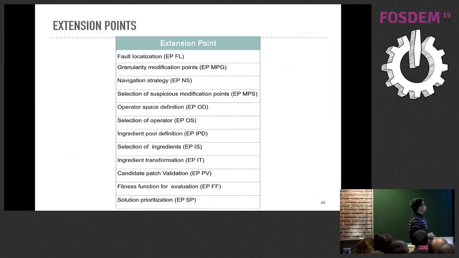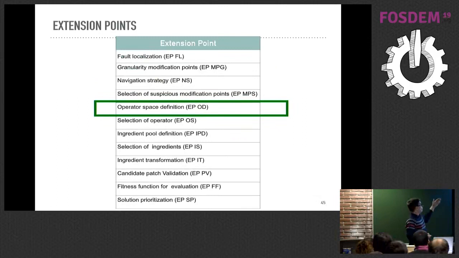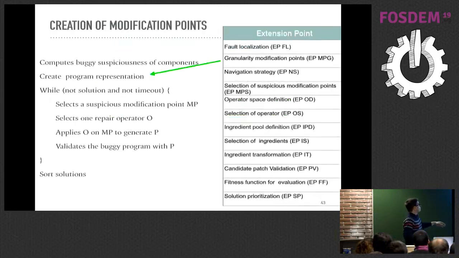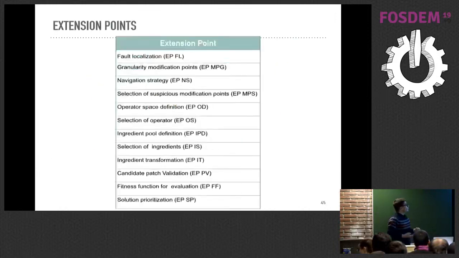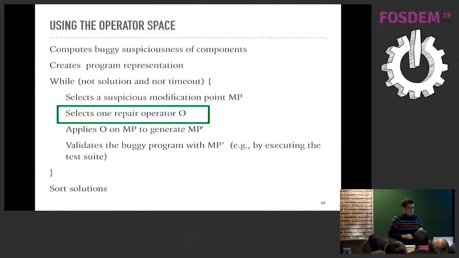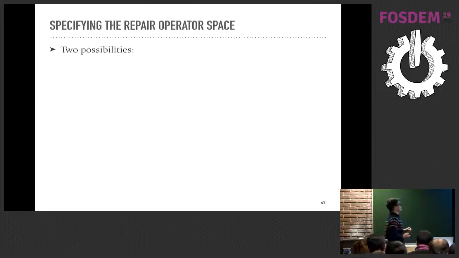So finally, once we have all the modification points, we need the repair operators. That means the operators that we will apply on each location. So for that, Astor has an extension point to say which are the operators that we provide.